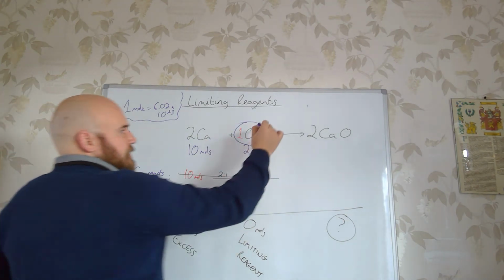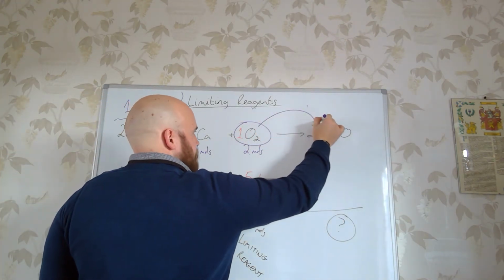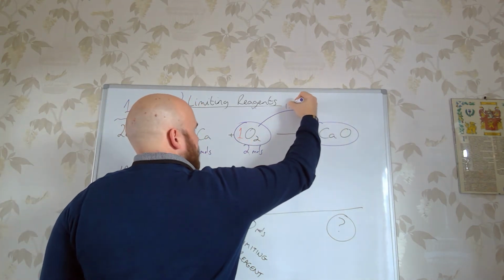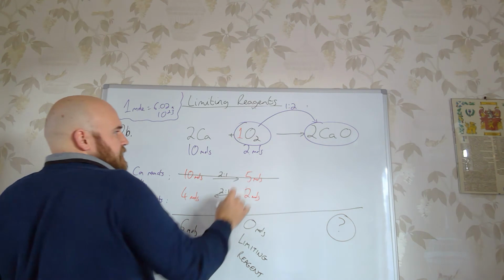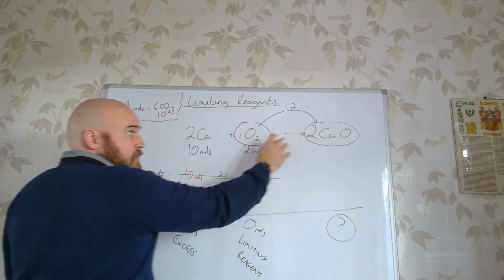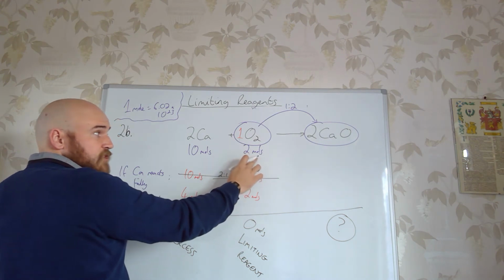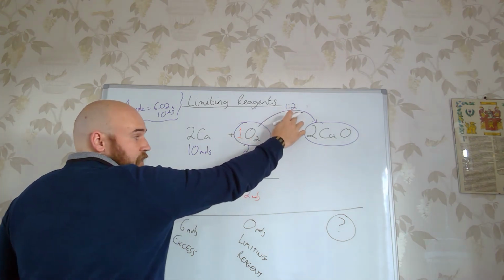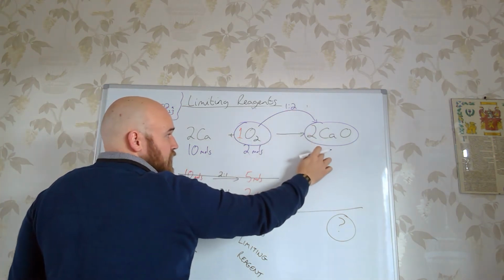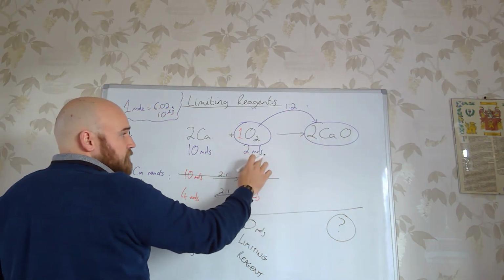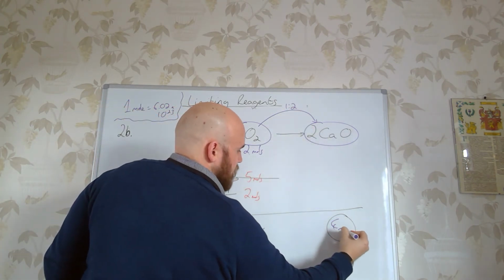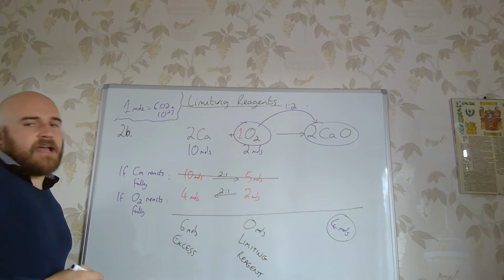Now the ratio here is 1 to 2, which means that 1 mole of this will produce 2 moles of this. So what will 2 moles of this produce? Because it's a 1 to 2 ratio, 2 moles will produce twice as much product, so 4 moles of that.